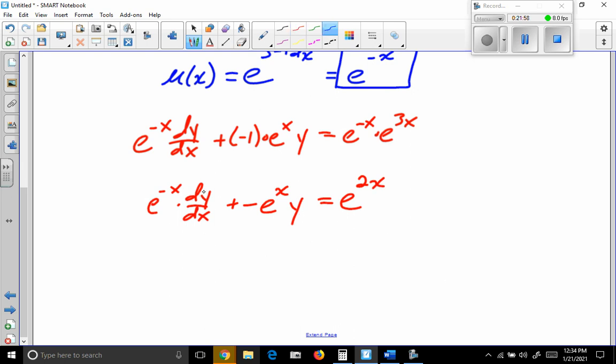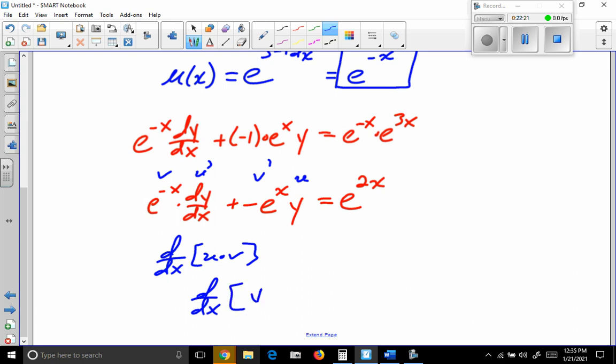So the left side, we could call this u prime v, and that would be u v prime. So that whole side is just the derivative of u times v. Or in other words, it's the derivative of u, which is y, times v, which is e to the negative x.